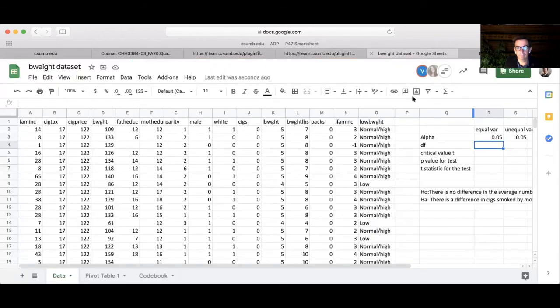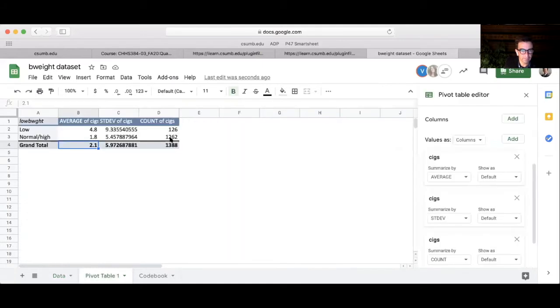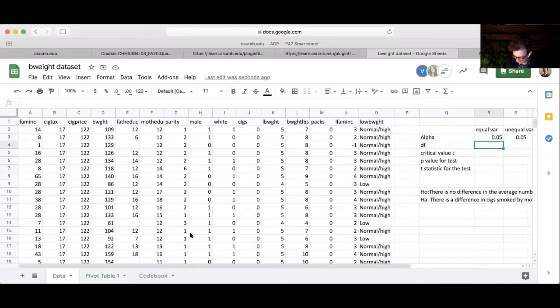So the n for one group, this plus this, that's that, minus 2, 1386. So this would be 1386.